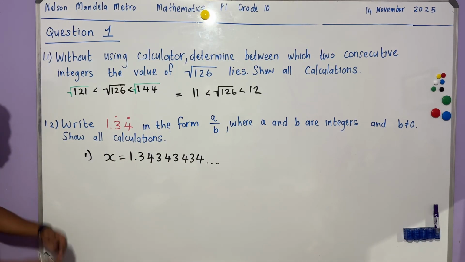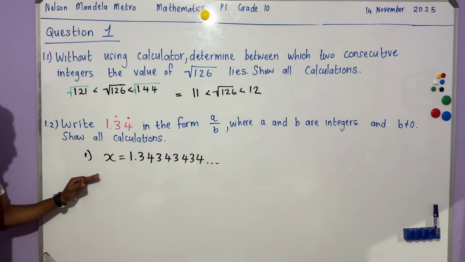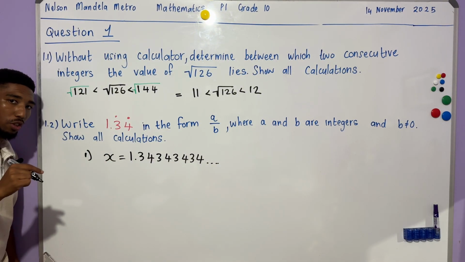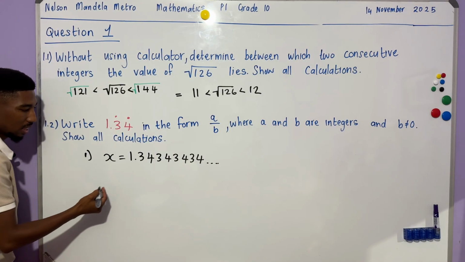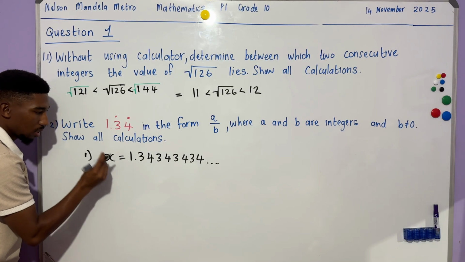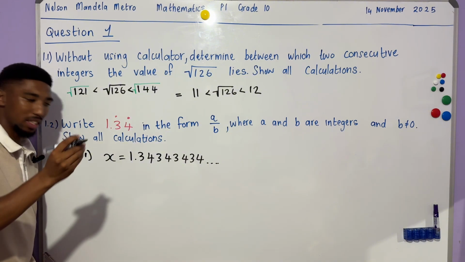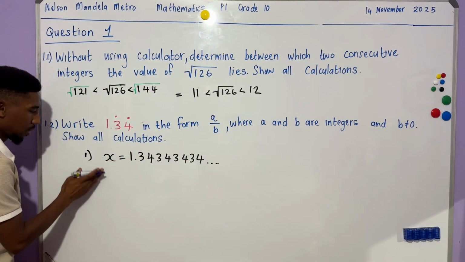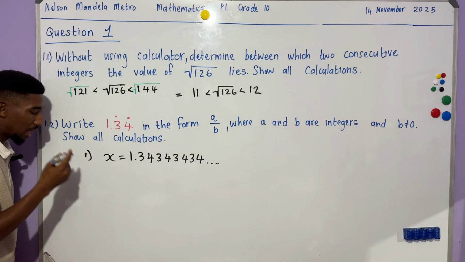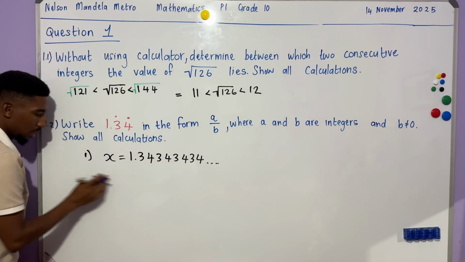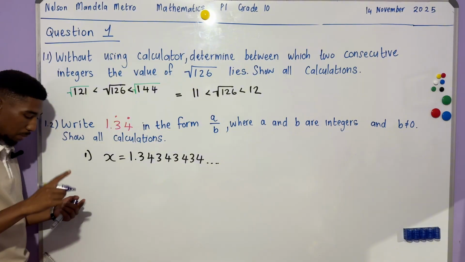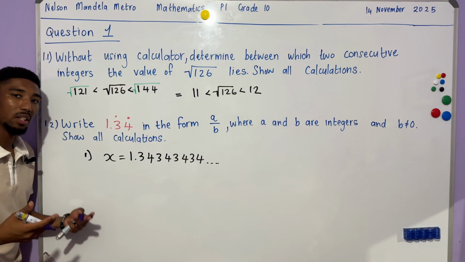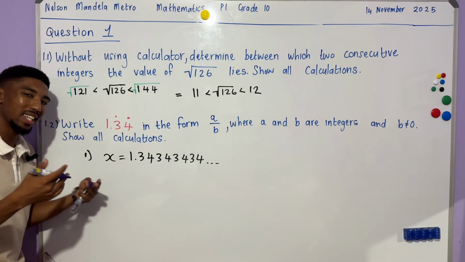The next thing we need to do is create a different equation, but the condition is that the second equation must have the same decimal. So we may multiply equation number 1 by 10, 100, 1000, any of the multiples of 10 to create a second equation.